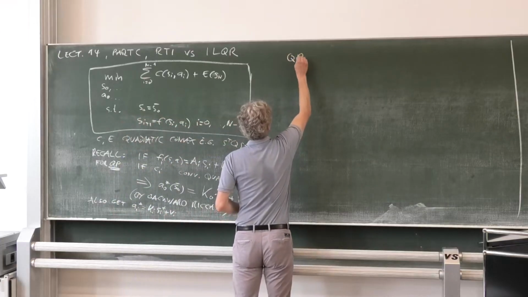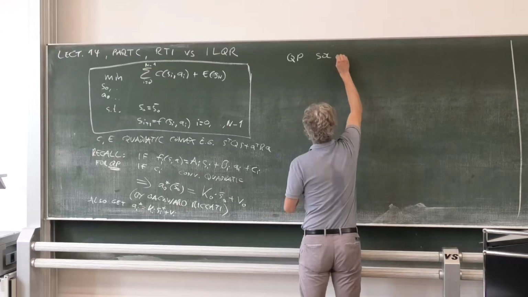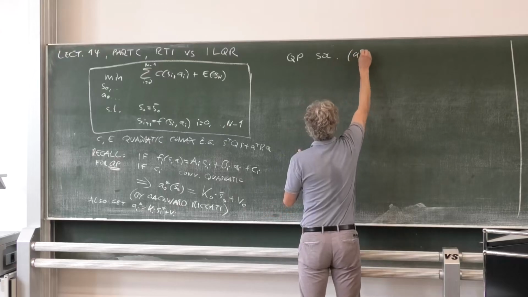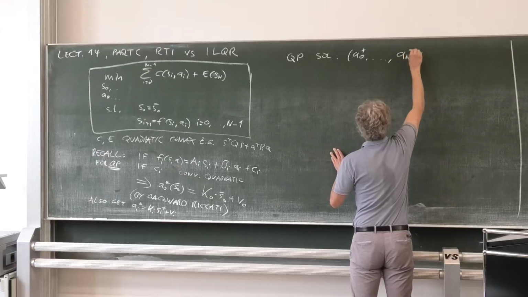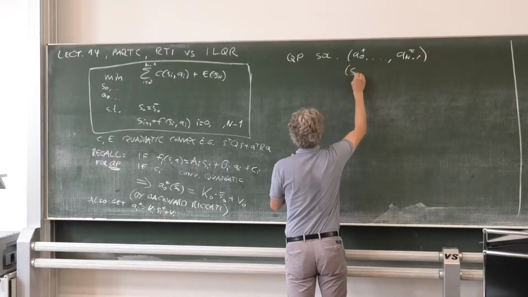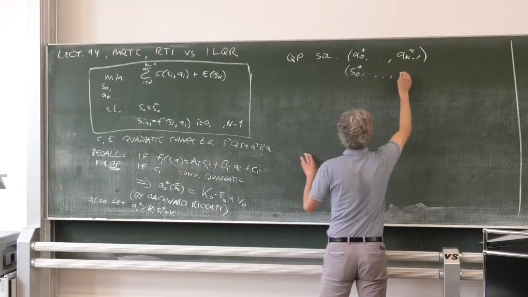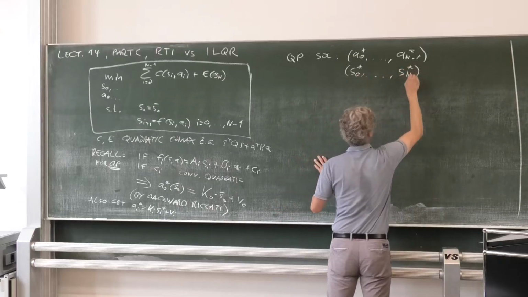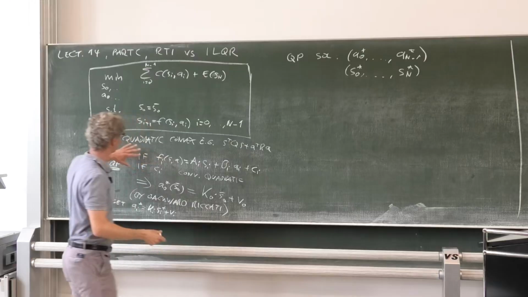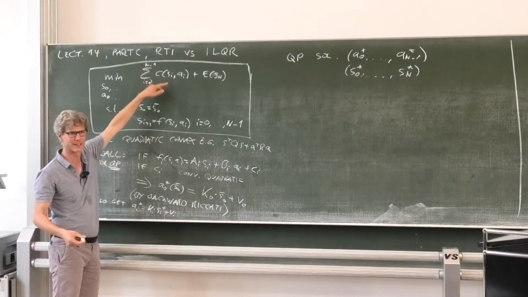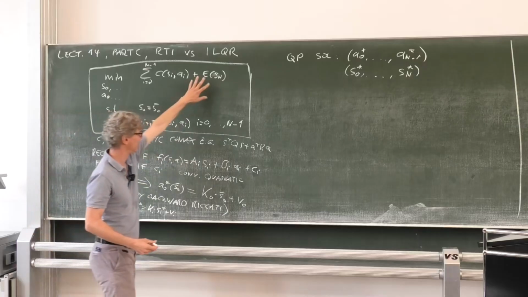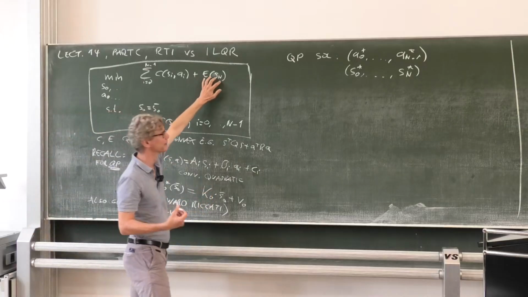So for the QP solution, I would call it a0 star up to a_{n-1} star, and s0 star up to s_n star. So that is just the solution to the QP. If you would now replace this with a time-varying f_i of this form, and this convex quadratic time-varying with that form, and e_i would also be quadratic.